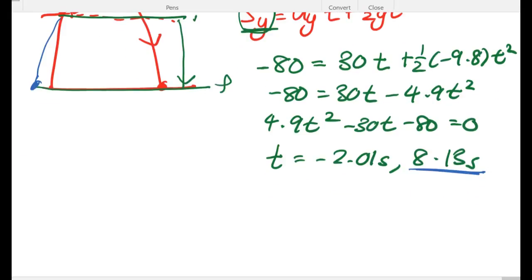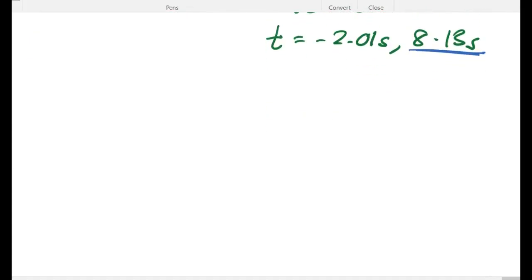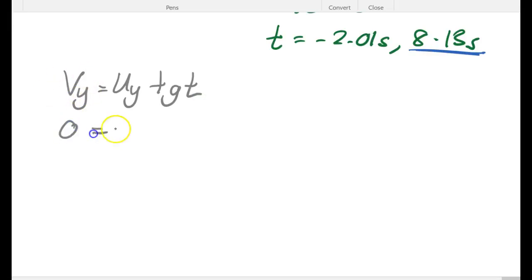So that's my answer. Okay, I want to draw your attention to this. If you are using this, and then you highlight to me that at maximum height the Vy is 0, which is true, but Uy is not 0.